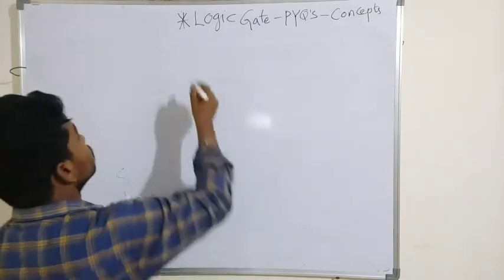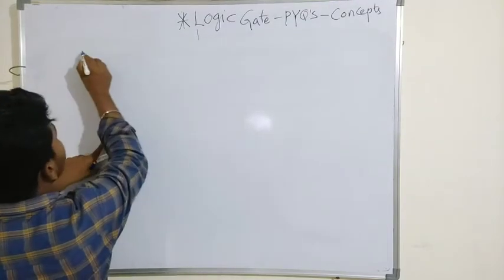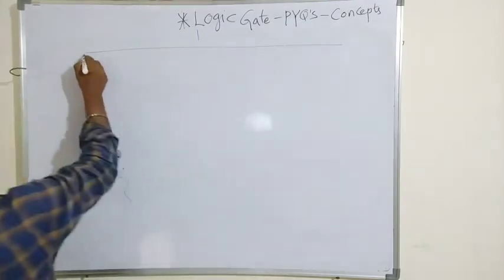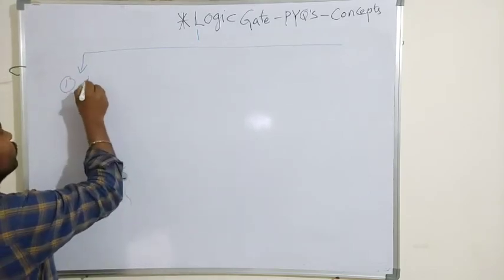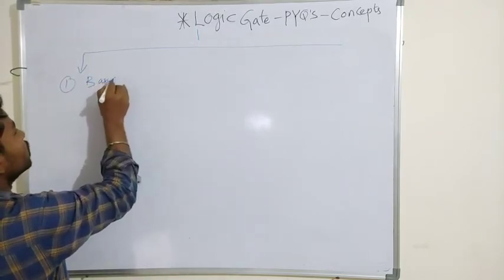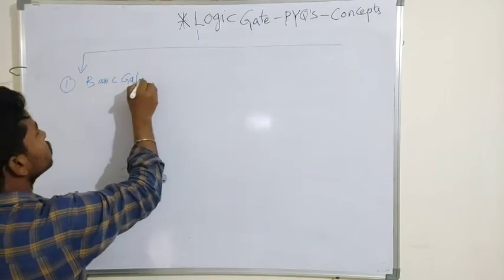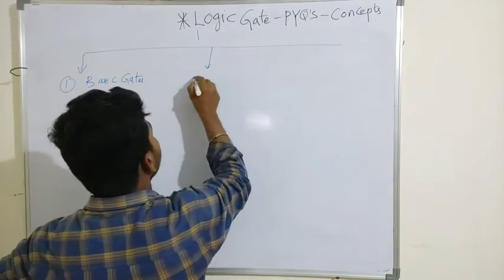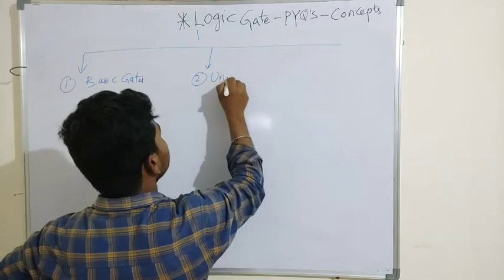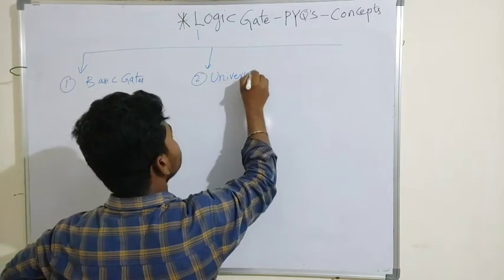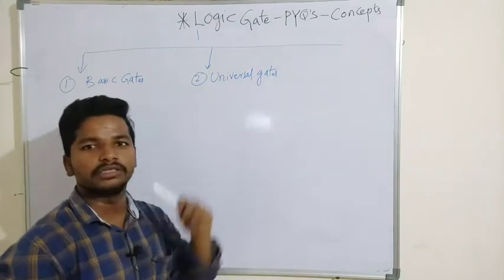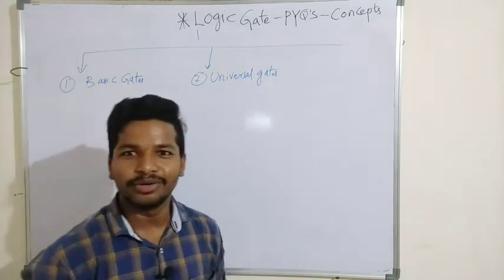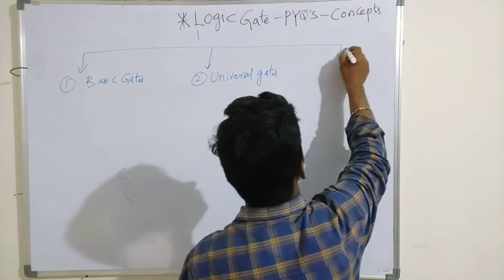Basically, these logic gates are classified into three categories. The first is basic gates, the second is universal gates, and the third is special gates.